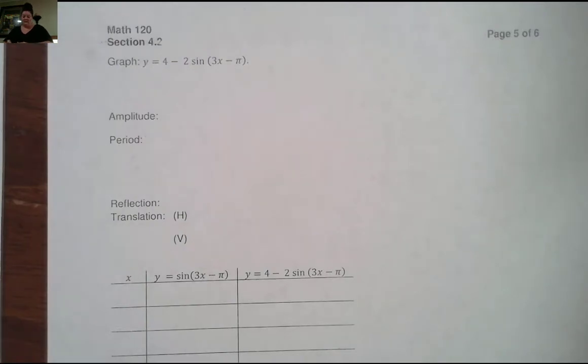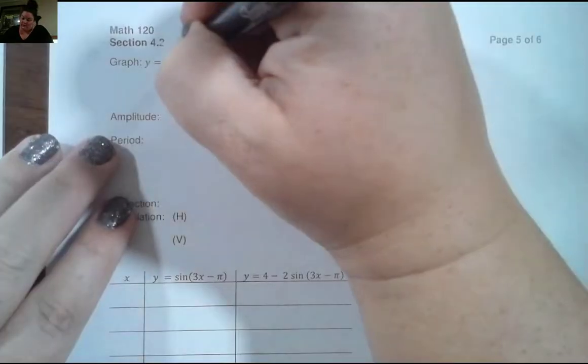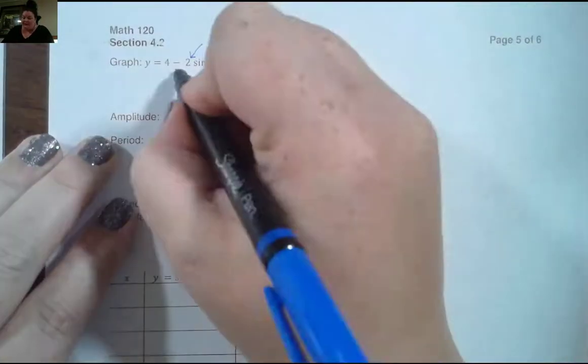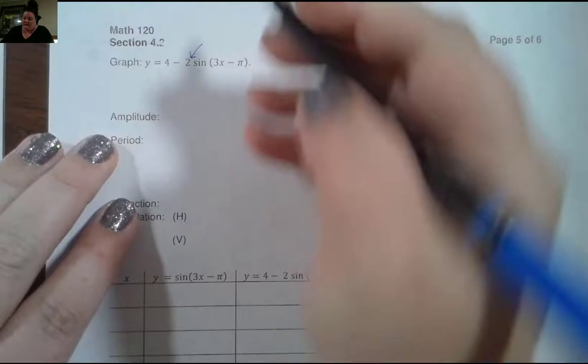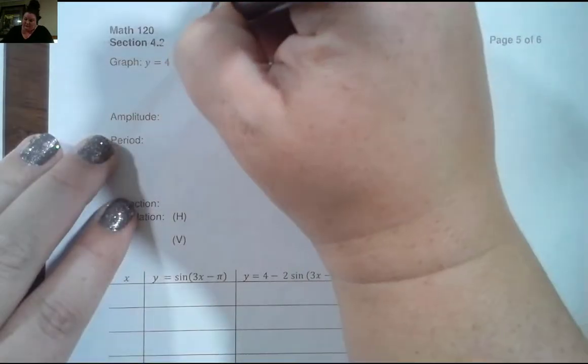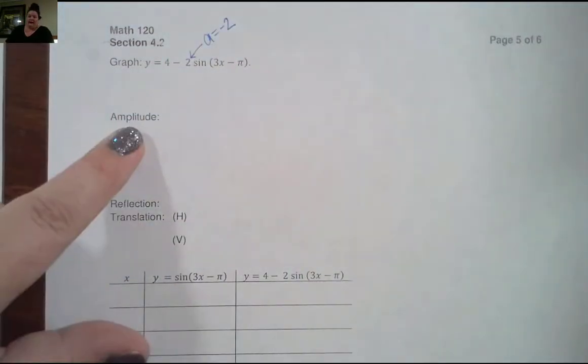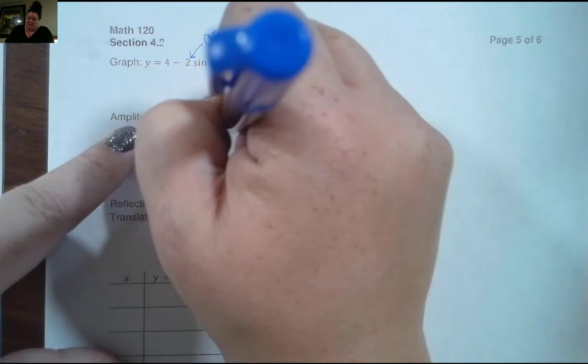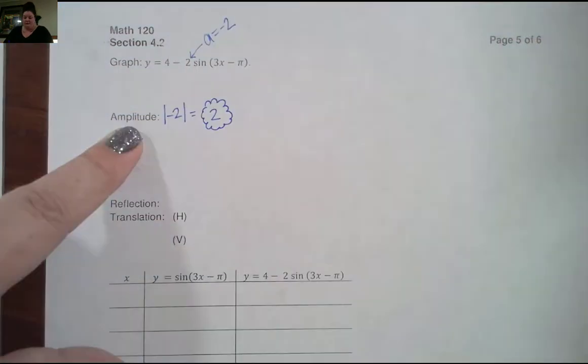Okay, so here my A value, because there's a negative in front of it, is -2. Okay, so if I want to know my amplitude, I have to take the absolute value of -2, which is just 2. Okay, so I know my amplitude.